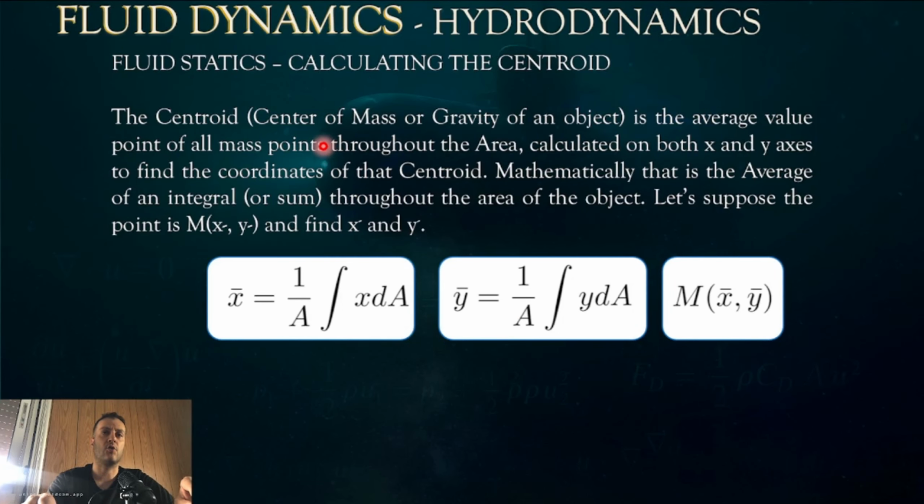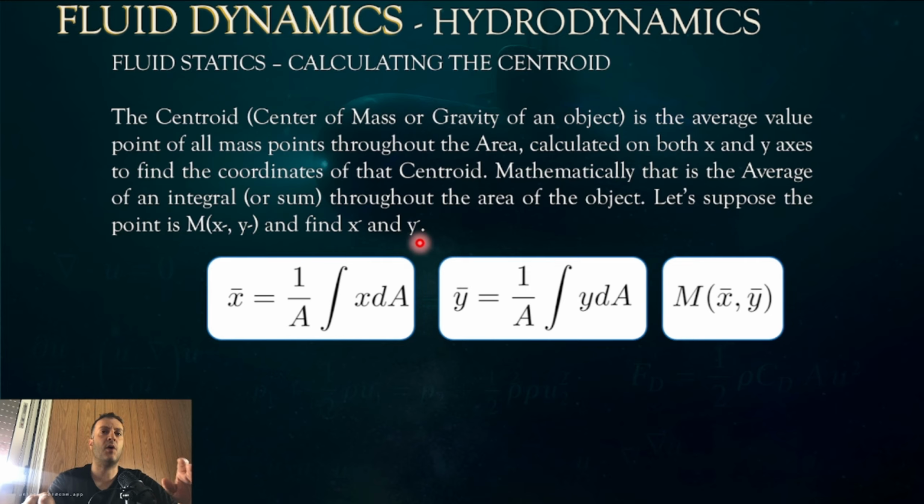The centroid, or center of mass or gravity of an object, is the average value point of all mass points throughout the area, calculated on both x and y axes to find the coordinates of that centroid, the exact position. Mathematically, that is the average integral over the area of the object. Let's suppose you have a point M(x, y).